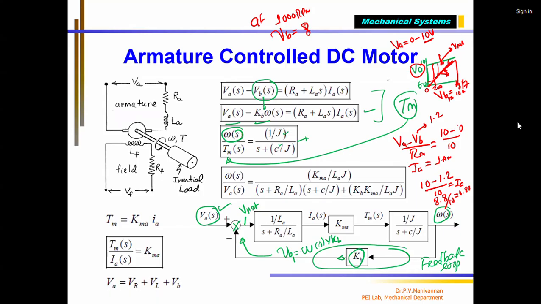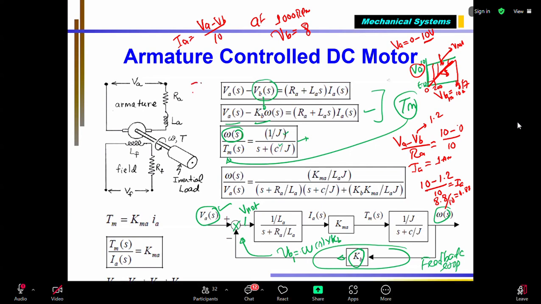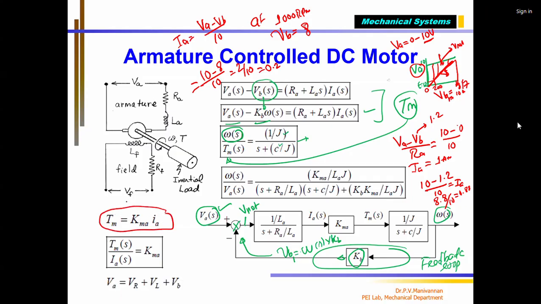If I say the maximum is VB equal to 8, then IA equals VA minus VB divided by 10, which is 10 minus 8 divided by 10, 2 divided by 10, which is 0.2 amps. We know that the torque developed by the motor is TM equal to KM multiplied by the armature current IA.